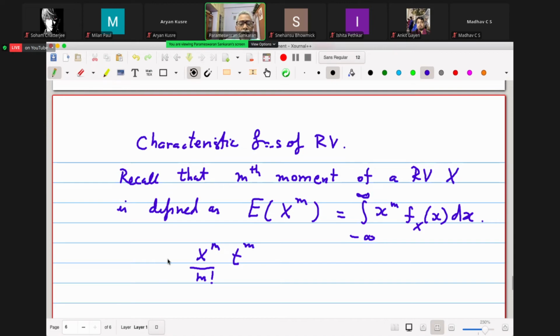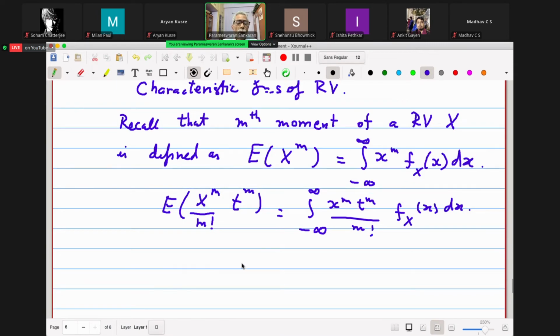And then you can ask, what is this? This is equal to, of course, nothing has changed, the integral of x^m t^m by m factorial fX(x) dx.